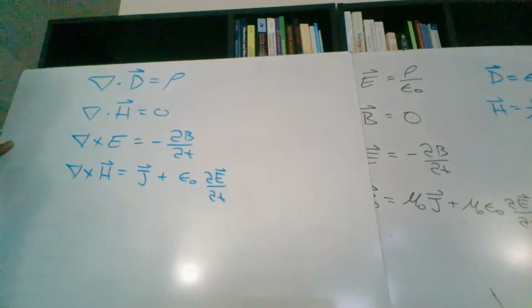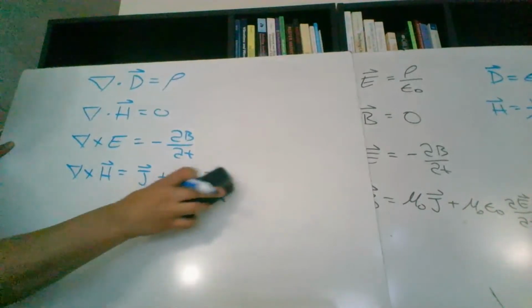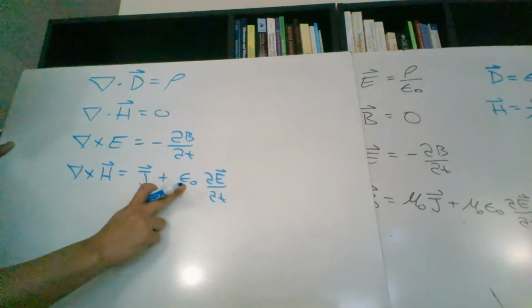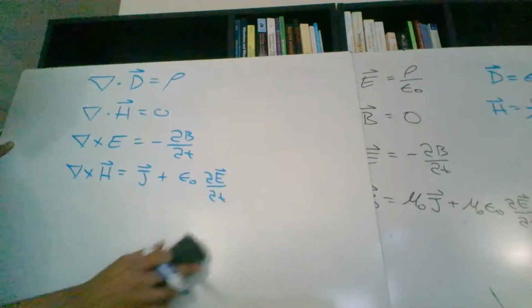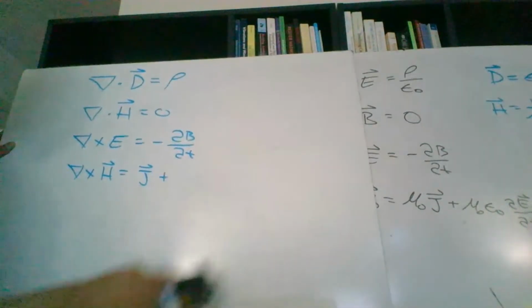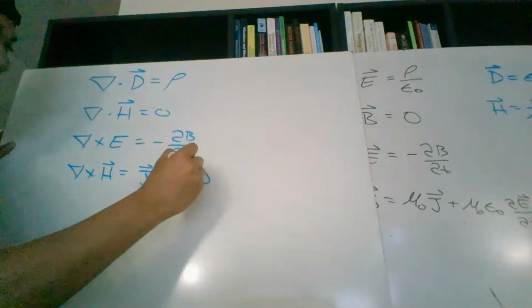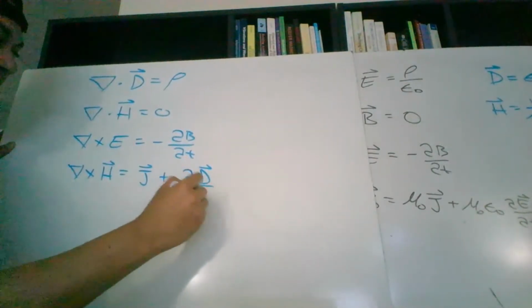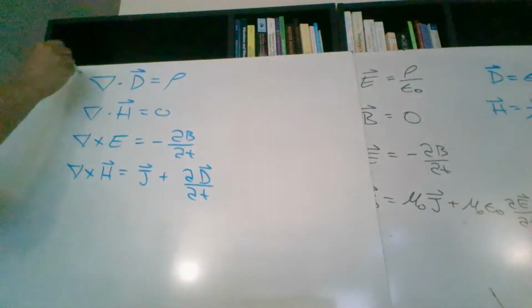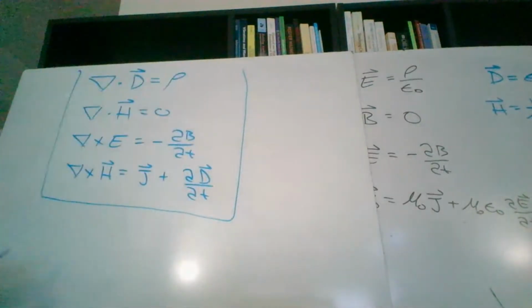Epsilon naught times E is just D, so I could actually rewrite that even simpler as dD over dt. So these are another way that you could see Maxwell's equations.